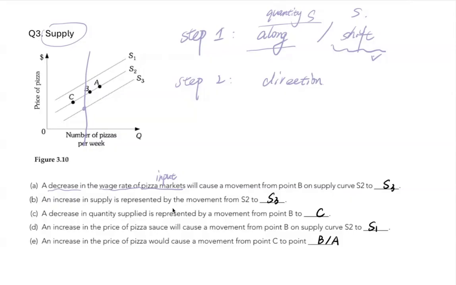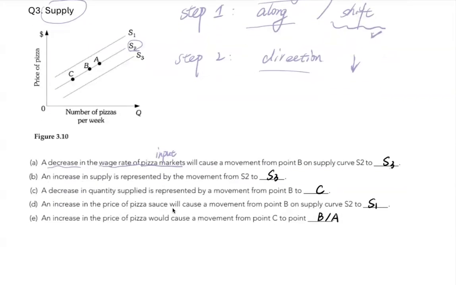So the direction would be a decrease. So now we can get the answer. This is a shift from S2 to another curve, and this direction is decreasing, which means that you are shifting this supply curve from S2 to S3.